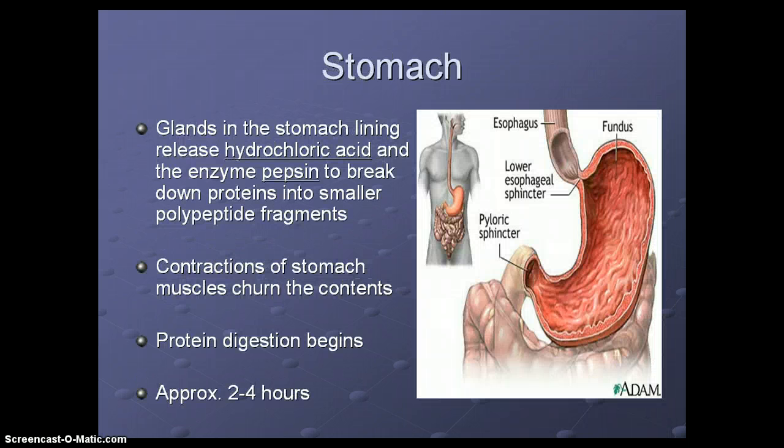Next is the stomach. The glands in the stomach lining release hydrochloric acid, or HCl, and the enzyme pepsin to break down proteins into smaller polypeptide fragments.